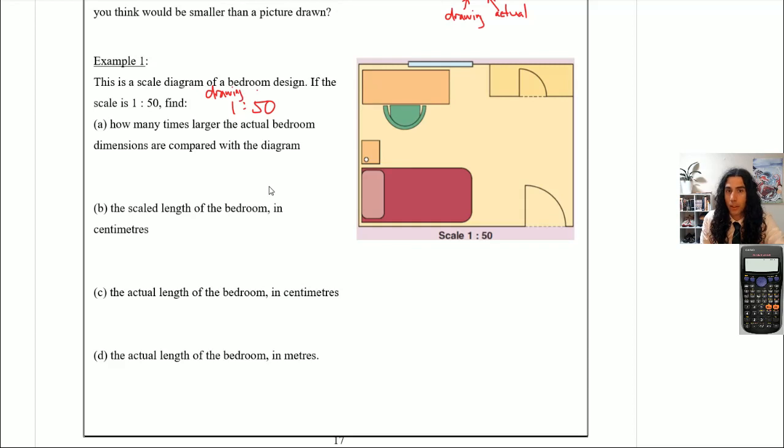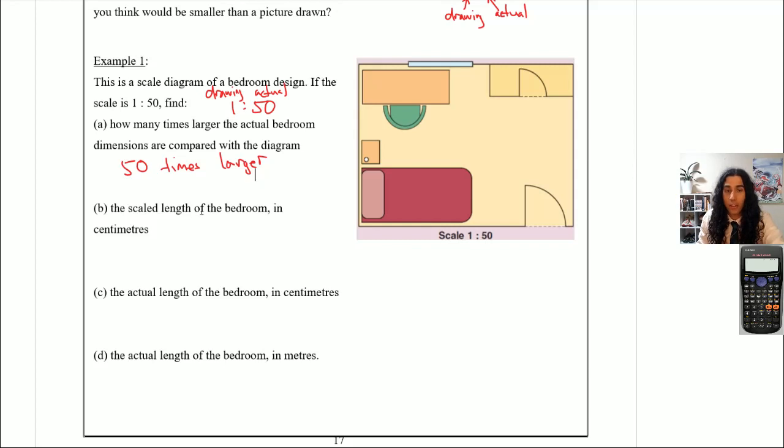So how many times bigger? 50 times bigger. 50 times larger. That's what that 1 to 50 means. If you look up stuff on Google Maps or other websites, down the bottom, you'll have the scale. It lets you know what scale is being used, and you can measure on the screen compared to real life.